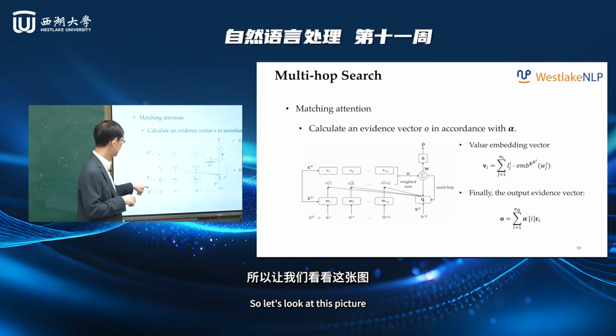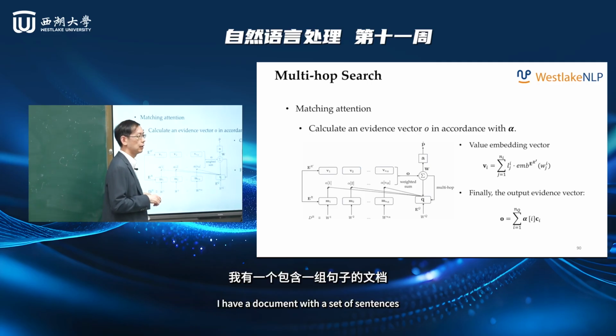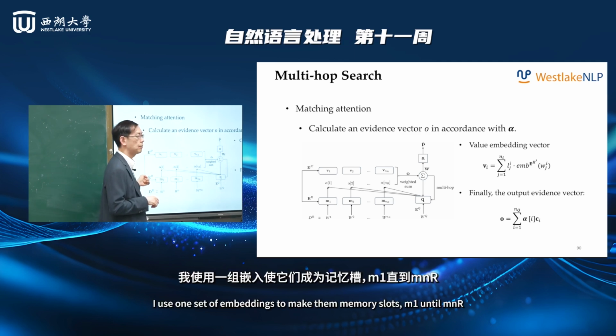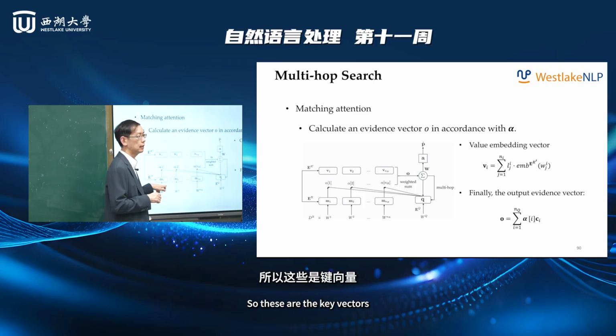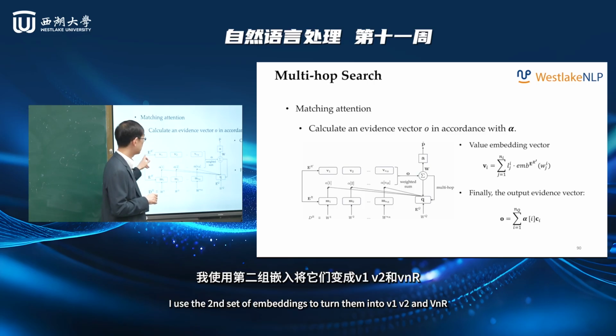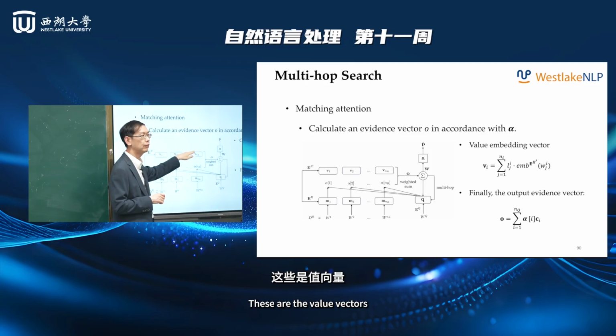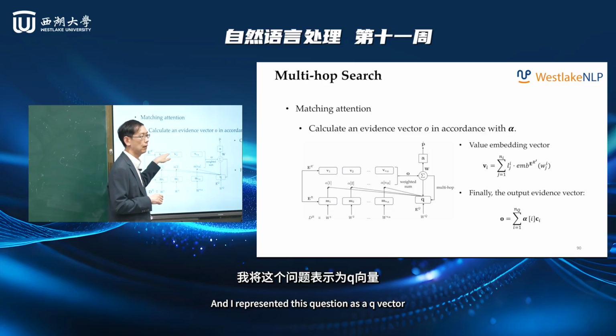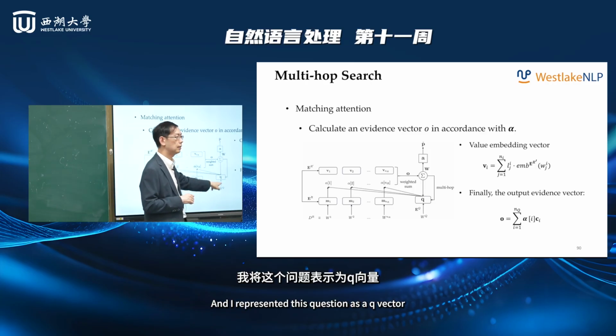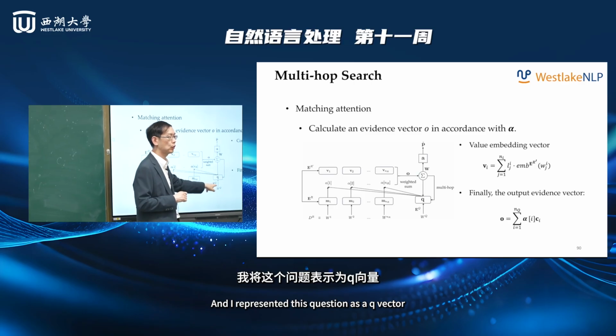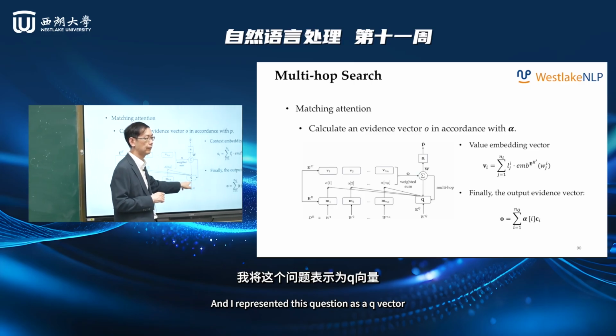So let's look at this picture. I have a document which is a set of sentences. I use one set of embeddings to make them memory slots, M1 until MNR. So these are the key vectors. I use the second set of embeddings to turn them into V1, V2, and VNR. These are the value vectors. And I represented this question as a Q vector.